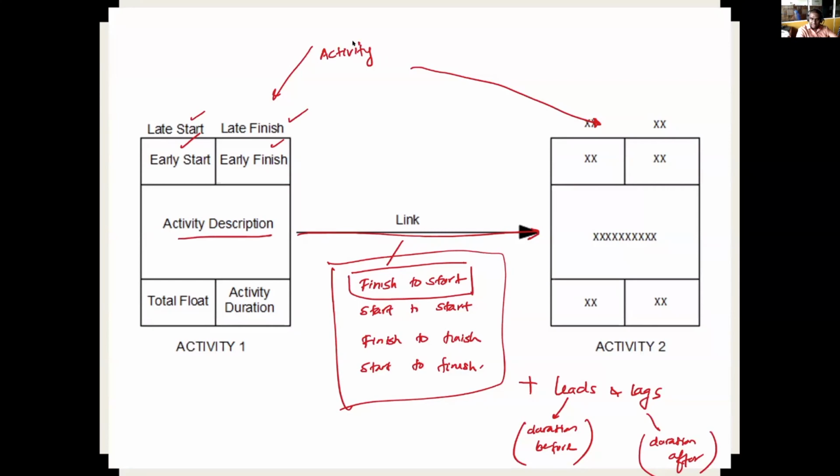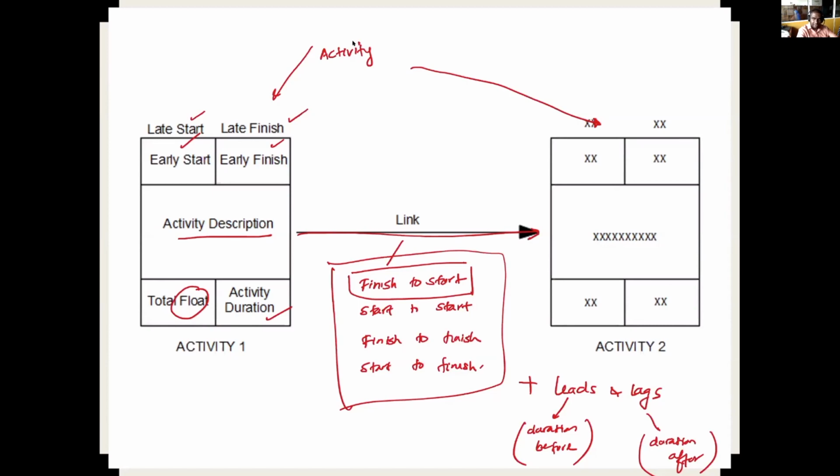And we have discussed the concept called float last time. The duration that can be extended or delayed so that the total project duration is not affected. So that is float. This we have discussed last time. And activity duration we can mark here.